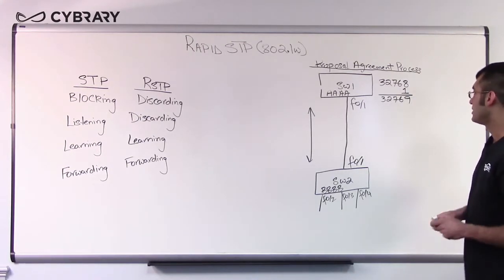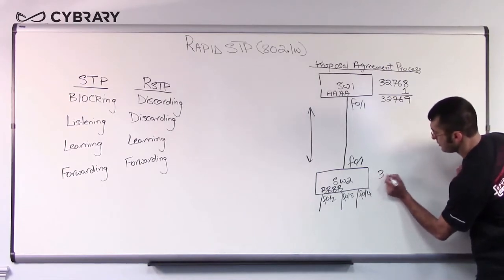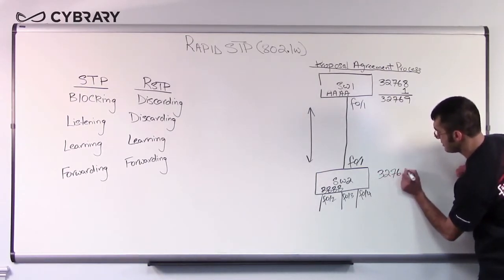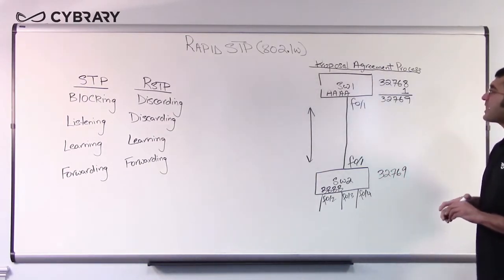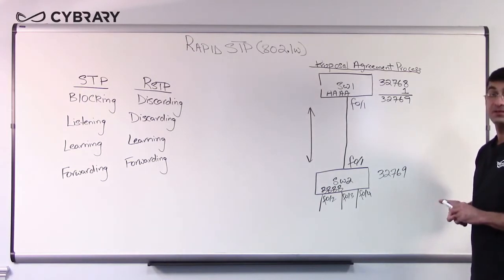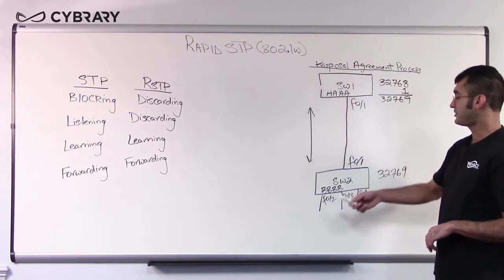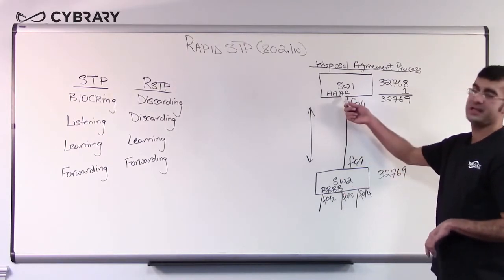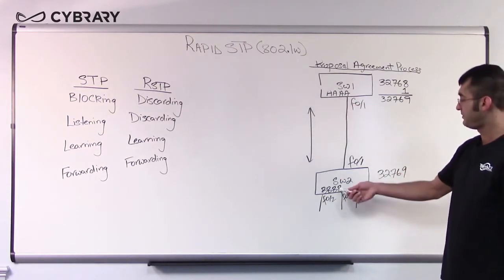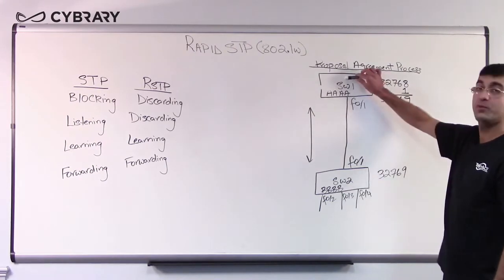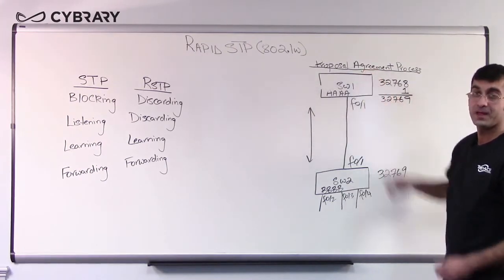Same with switch 2, the priority would be 32769. So the tiebreaker in this case would have to be the MAC address. And since switch 1 has a lower MAC address than switch 2, AAAA in hex being lower than BBBB in hex, switch 1 we know is the superior bridge.